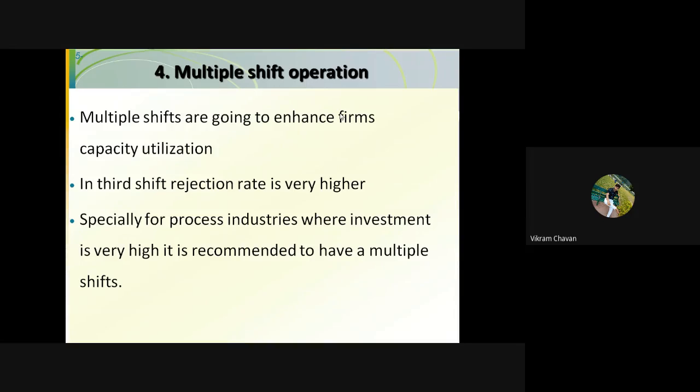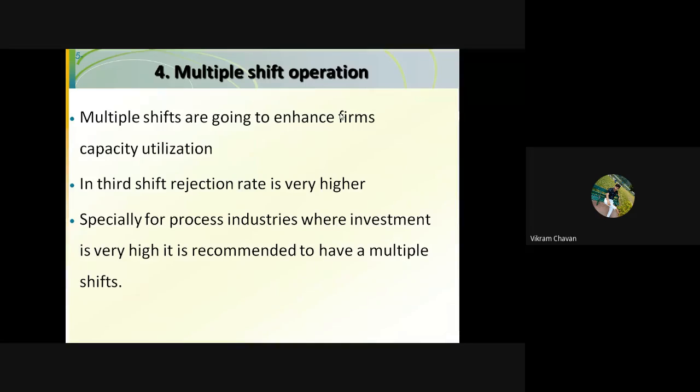Because we know that to increase the utilization of facilities, this multi-shift concept is very useful for companies.